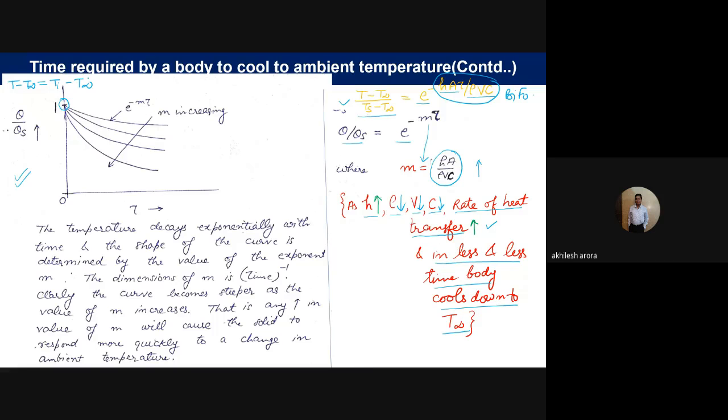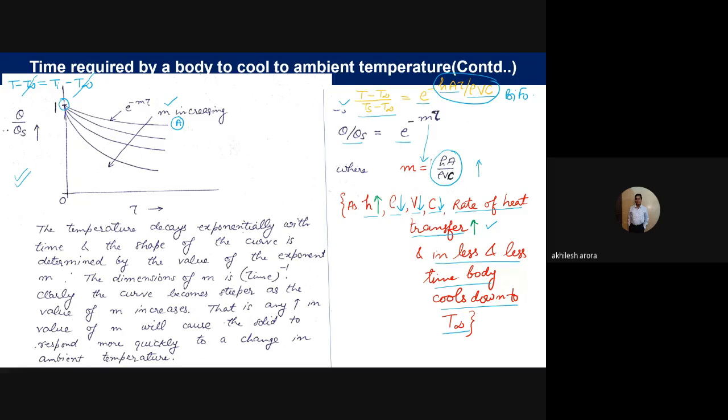What does it mean when this value is 1? The initial temperature of the solid is equal to T, the initial temperature. Now I am considering a particular value of m, and this is the curve which I am getting. Let us say this is curve number a, when m has a particular value.